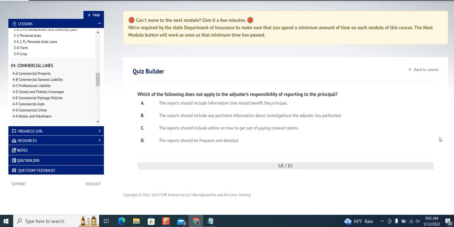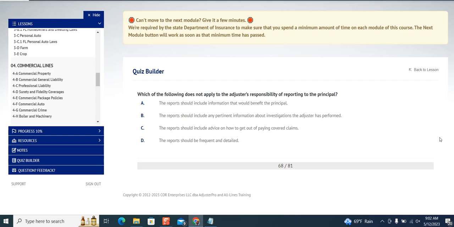It's all good. Which of the following does not apply to the adjuster's responsibility of reporting to the principal? The report should include information that will benefit the principal. Oh, this is the guessing game. The report should include any pertinent information about the... What is it asking again?